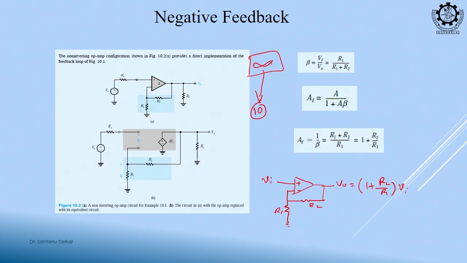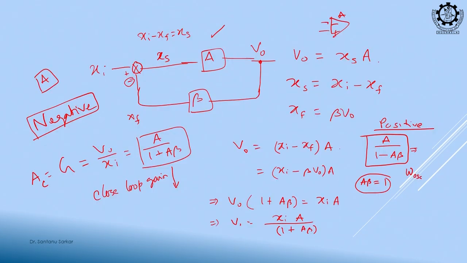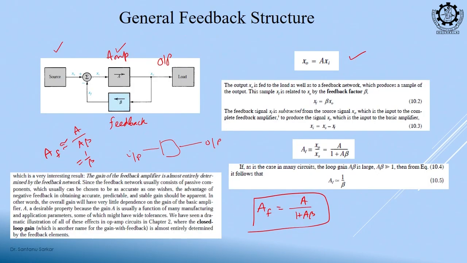No, my question is, see, we are neglecting this. If A is very large, then only we can neglect it, right. If A is not large, then this approximation is not proper. That is why we make A very large, so that in closed loop we can easily neglect the open loop portion.